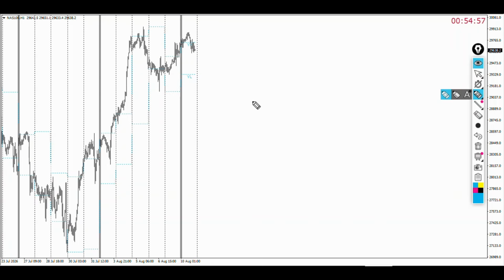Stop hunt simply means, for example, that you are looking for a buy opportunity. This is our day start, and you are looking for the buy opportunity. A stop hunt can occur on the opposite side of your trend or of your setup. If you are looking for a buy, the stop hunt can go downward, and then it may give you a buy opportunity.